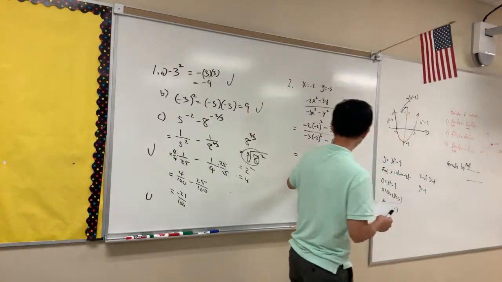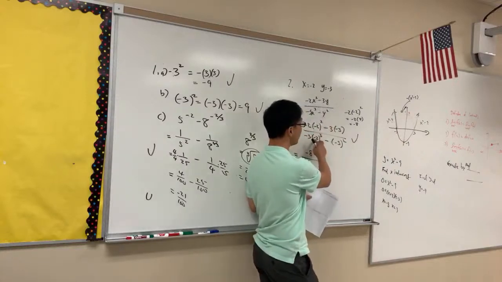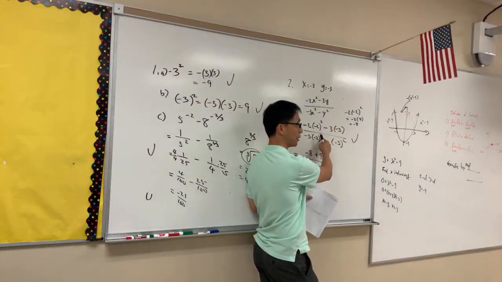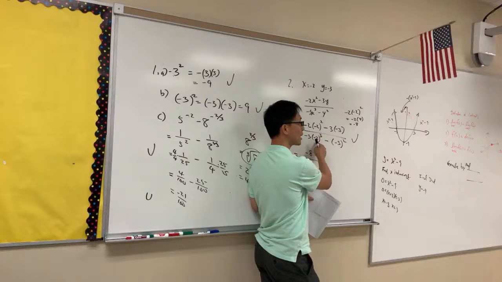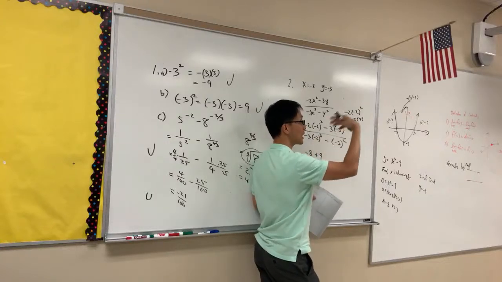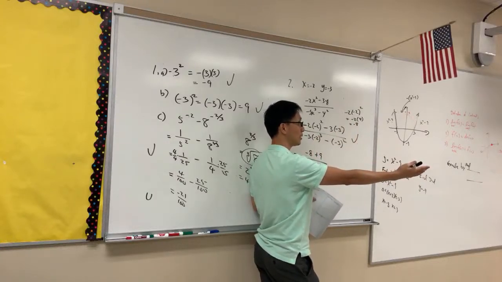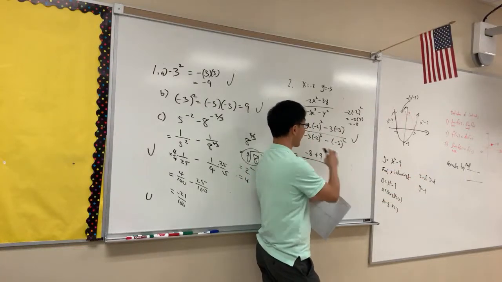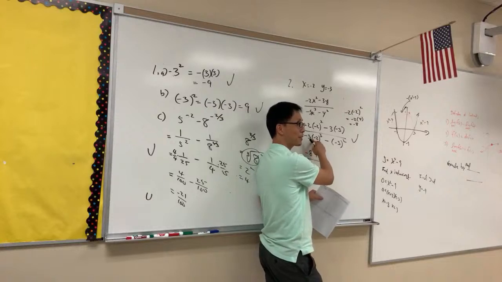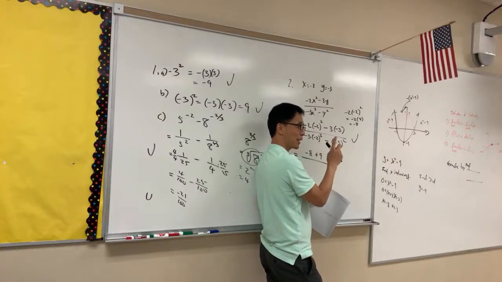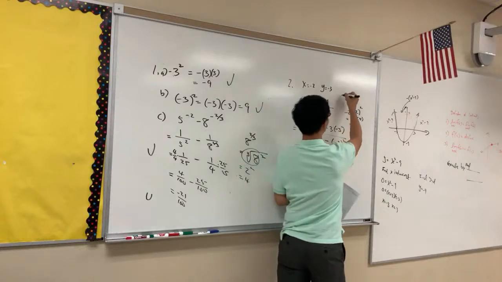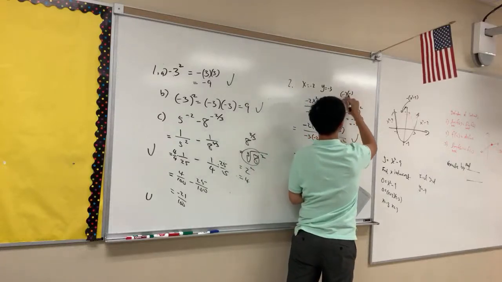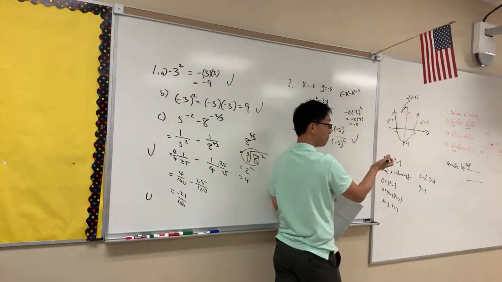Okay, so 8 plus 9. If you try that yourself, what is -2 to the 3rd power? -2 times -2 times -2. Again, what's -2 times -2 times -2? Is it positive or negative? Negative times negative becomes positive, and positive times negative becomes negative, right?